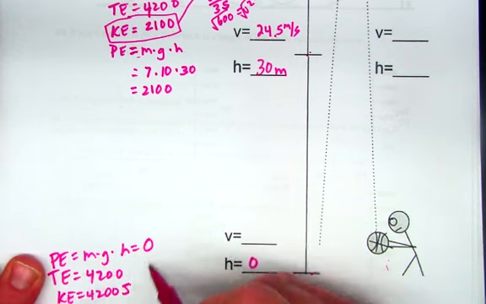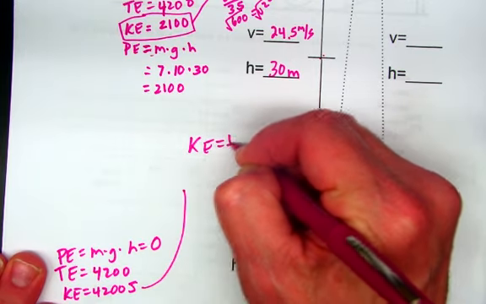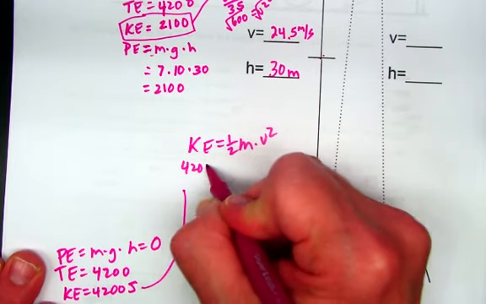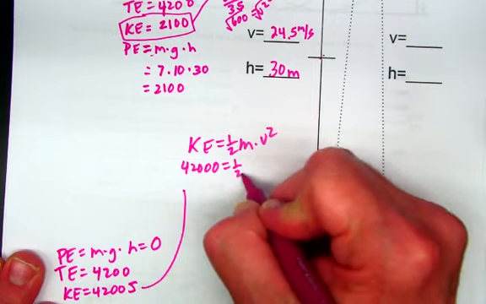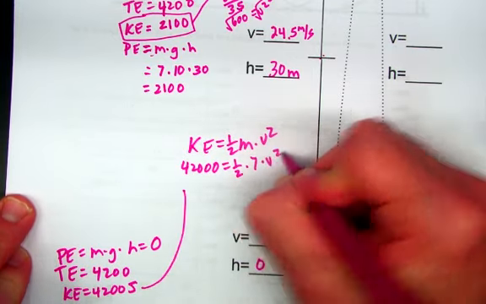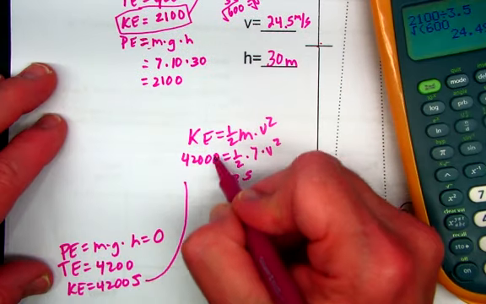So I'm going to use that same equation I just did to solve for the velocity. So kinetic energy is 4,200. 1/2, my mass is still 7, and I'm going to solve for v. So this was 3.5. Oops, I put an extra 0 in there.